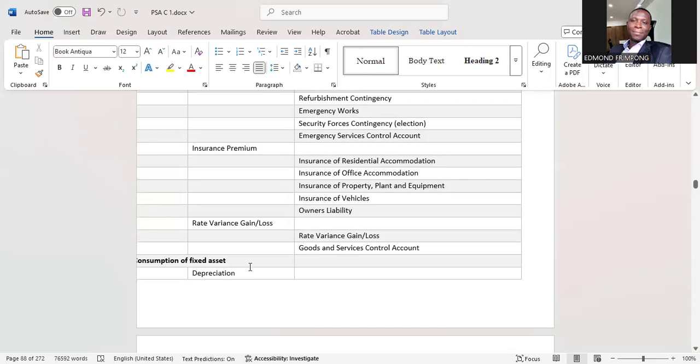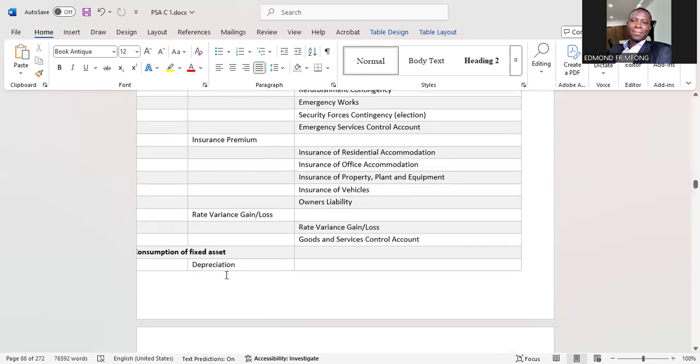Then the next classification of expenditure will be consumption of fixed assets. In simple terms, consumption of fixed assets is just depreciation. In the public sector now, they are migrating more from cash-based to accrual accounting.